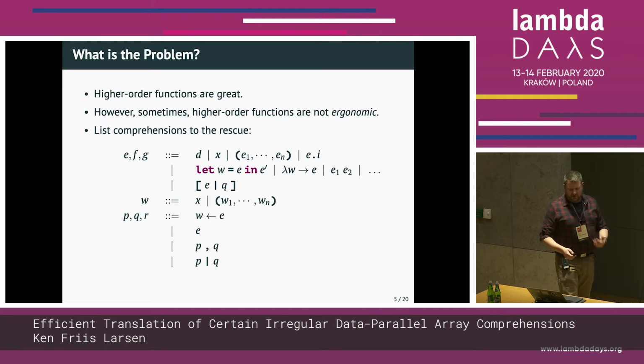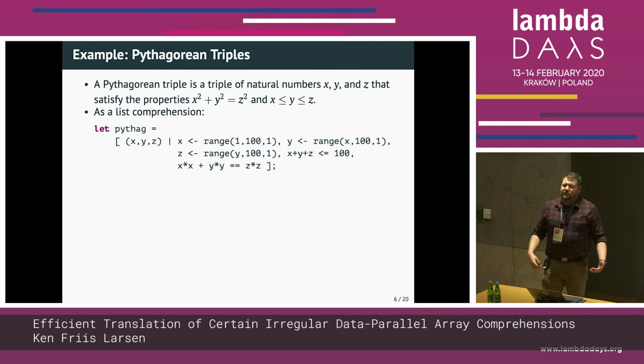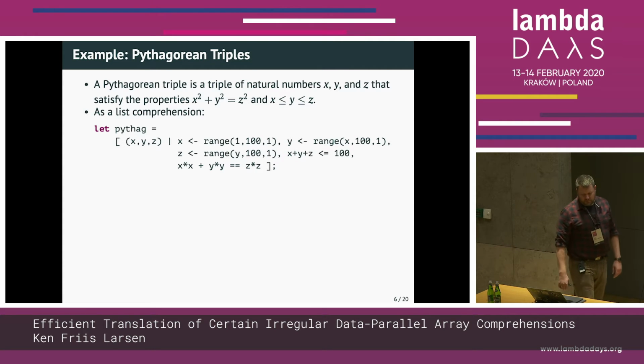And if you have not seen Haskell list comprehensions, here is a small motivating example, which is quite hard to actually write with standard higher order functions. Here we want to find all the Pythagorean triples, that is x, y, and z, where this equation holds. And we want all of them where the sum is less than 100.